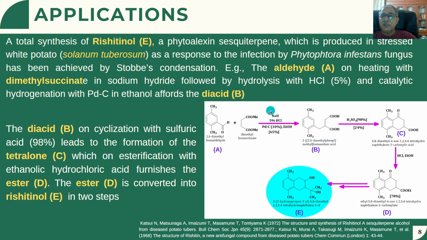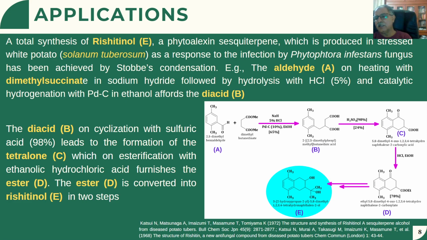With these conditions, first an unsaturated diester will be formed, then that will undergo hydrolysis in the presence of HCl to be converted into a diacid. Then the unsaturated diacid will become saturated due to catalytic hydrogenation in the presence of palladium and charcoal. Then these diacids, on cyclization with sulfuric acid, will lead to the formation of these types of tetralone derivatives, as we have seen in the previous examples.